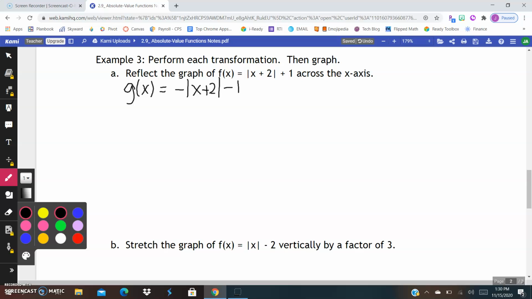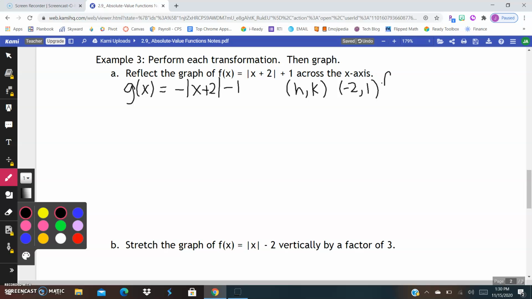And we can figure out what the vertex of this is just by knowing h, k. Remember, h is on the inside with that x, so it's +2, so h is actually -2. And then k is on the outside. This one is at +1, so add 1. So the original is -2, 1.